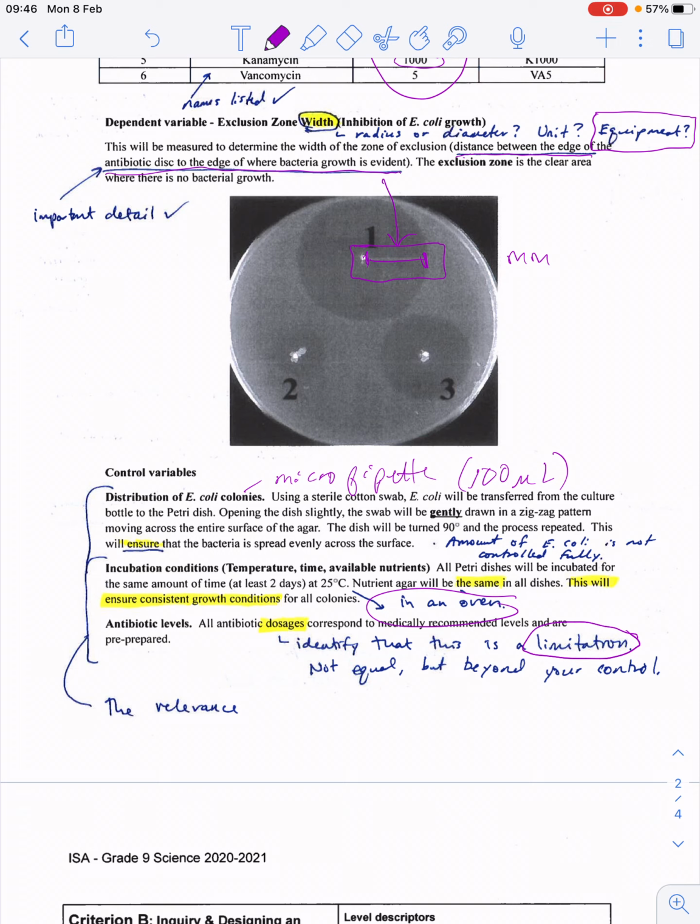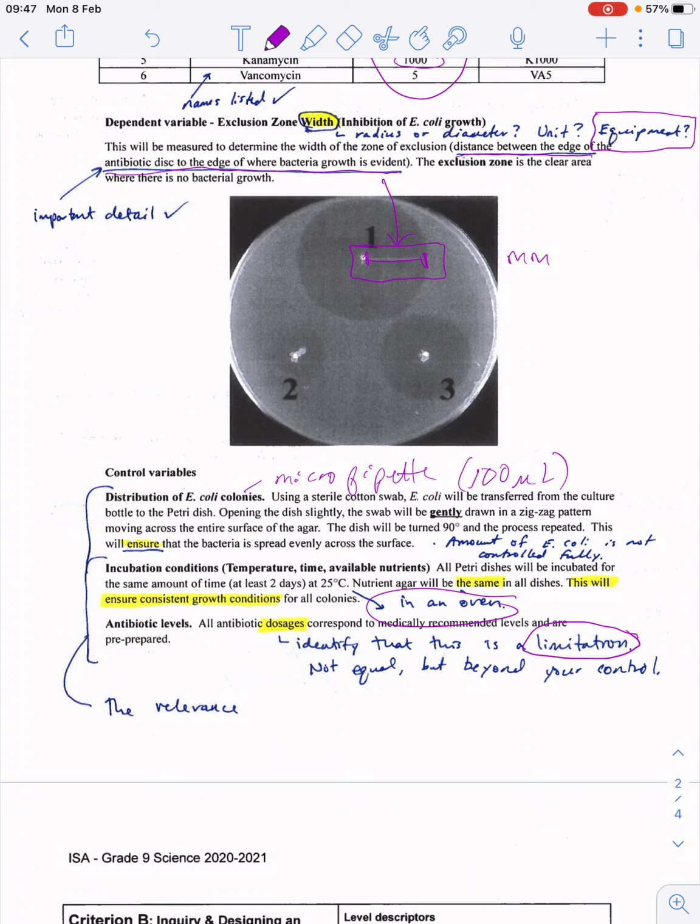So I think pointing out that the antibiotic levels are not controlled, that you can't change them, and that might be a real problem for how reliable your results are, would be better than trying to state that they were controlled, even when they're not really. So I think that was the part here that I thought could have used a little more focus. Okay, so pointing out limitations when you can't actually control something is just as valid as trying to point out the things that you can control.